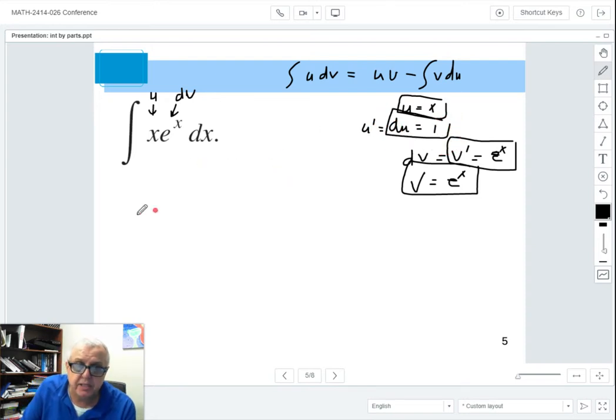So I can just plug this into the formula now. The formula is U times V minus the integration of V du.